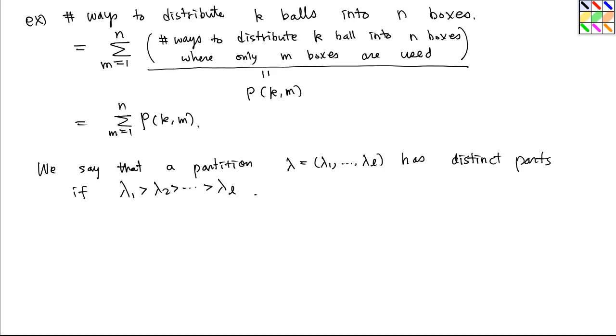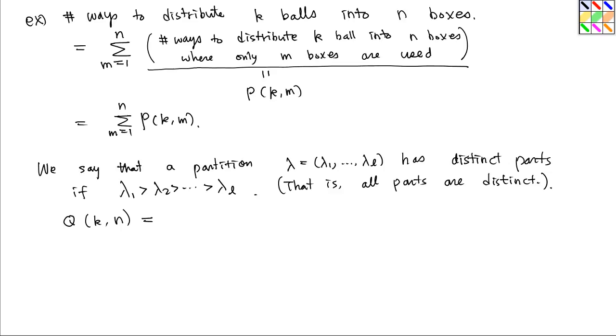So that is, all parts are distinct. No parts are repeated. And we denote the number of partitions of k into distinct parts like this. So Q of k comma n is the number of partitions of k into n parts, and they are all distinct.